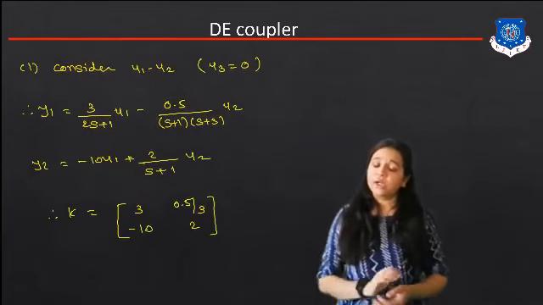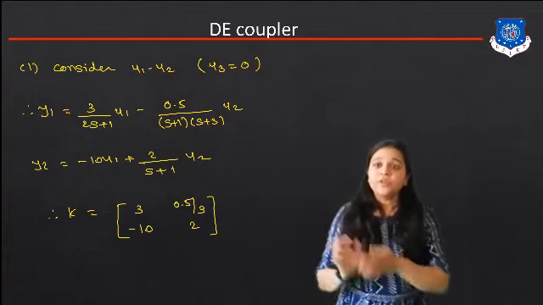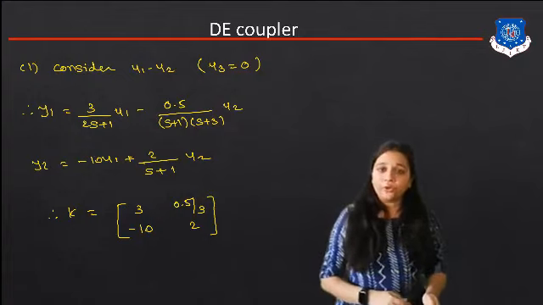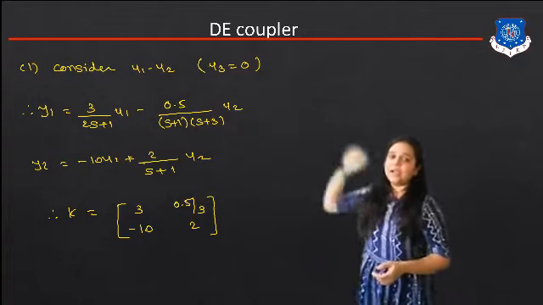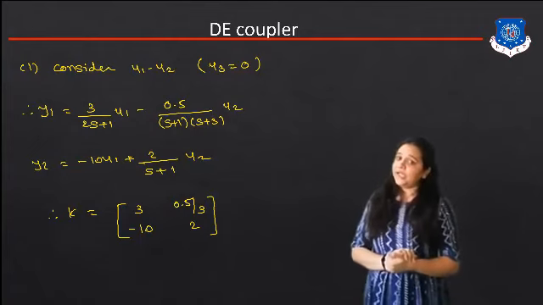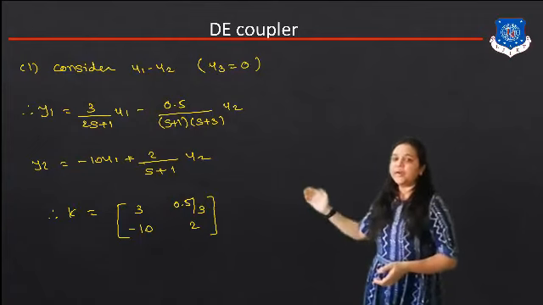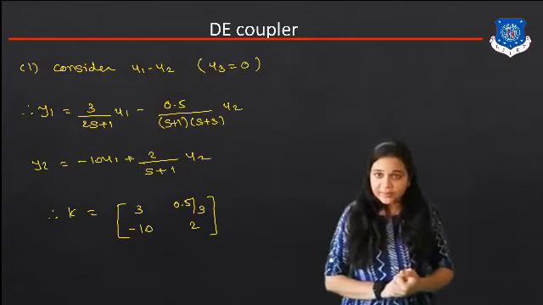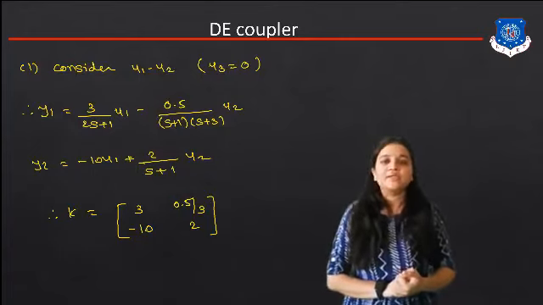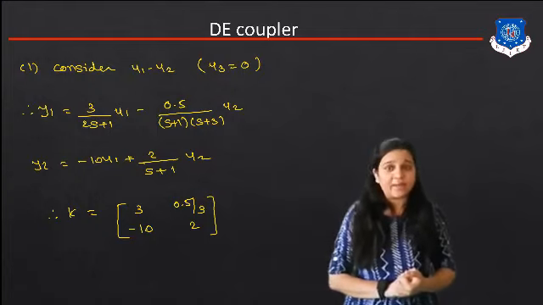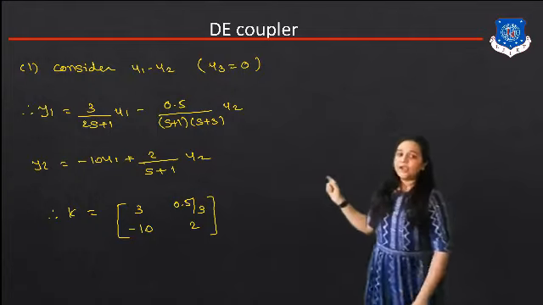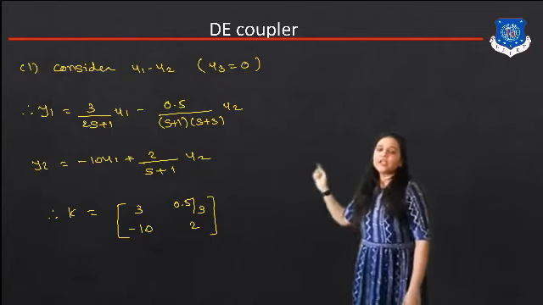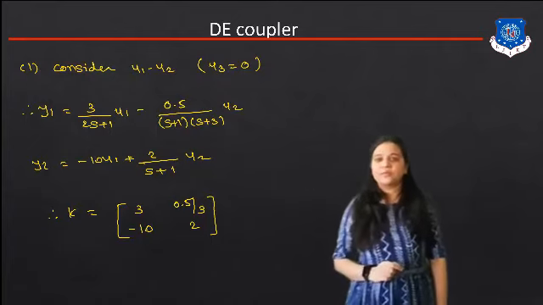So we consider the first condition, U1 minus U2. We can take U3 equal to 0. So the equations will become Y1 equal to 3 upon 2s plus 1 u1 minus 0.5 upon (s plus 1)(s plus 3) u2, and y2 is equal to minus 10 u1 plus 2 upon s plus 1 u2.